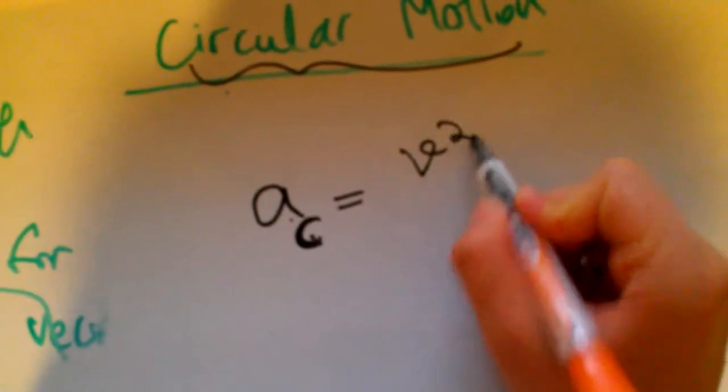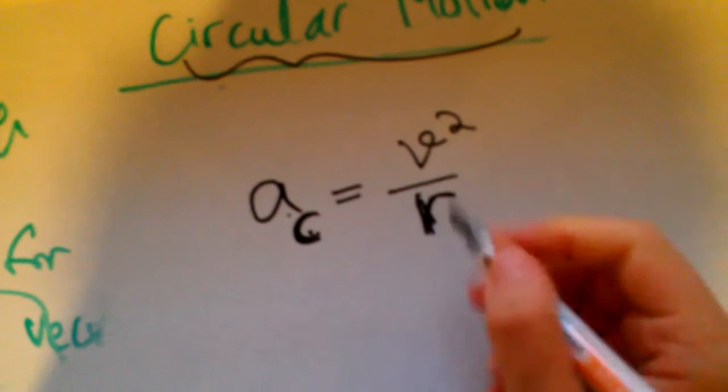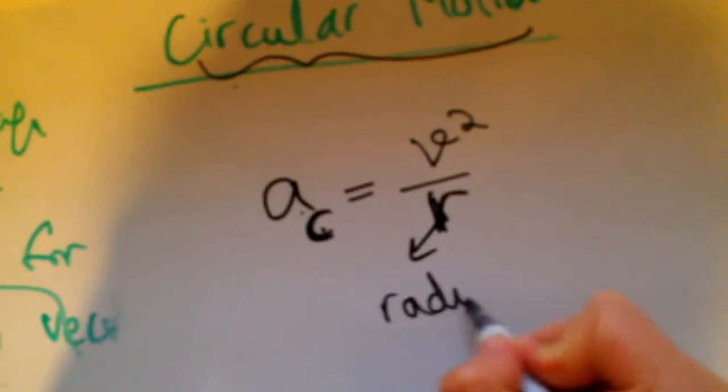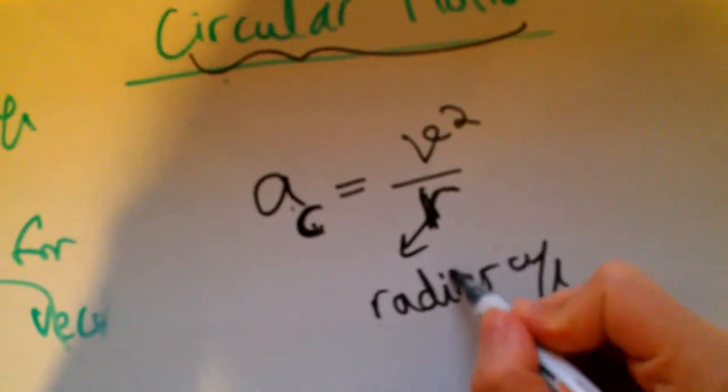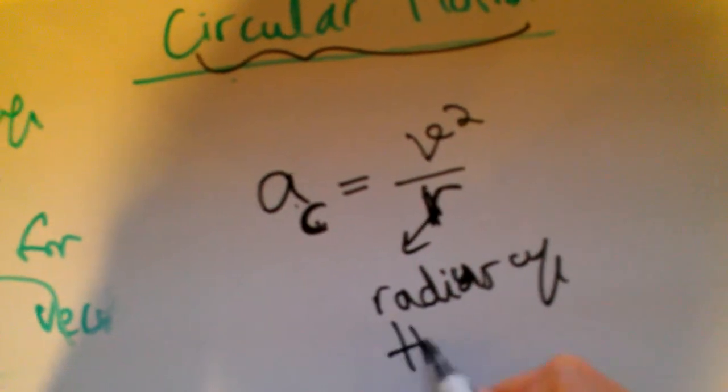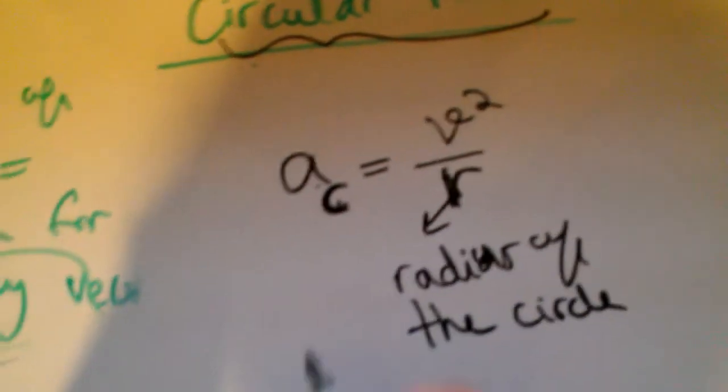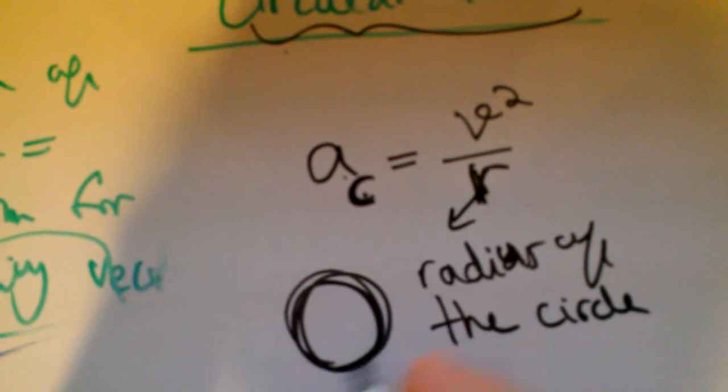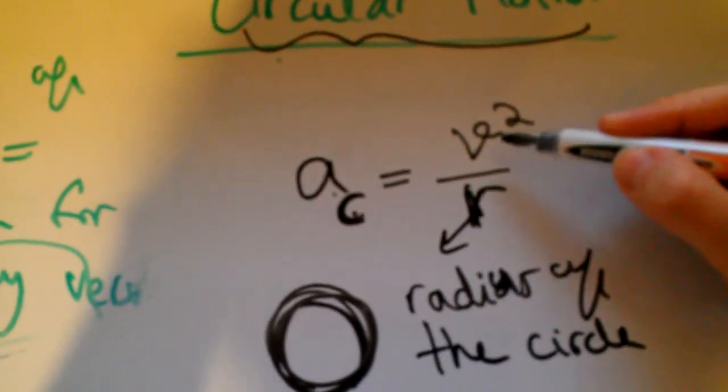This is v squared over r. R is the radius of the circle that the object is circling, like basically going around.